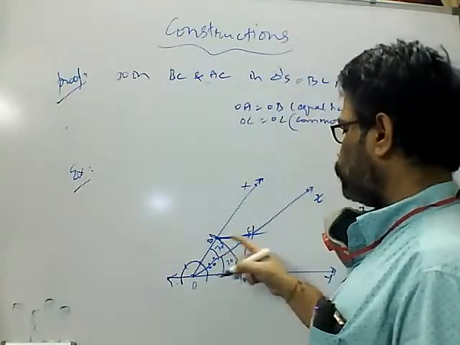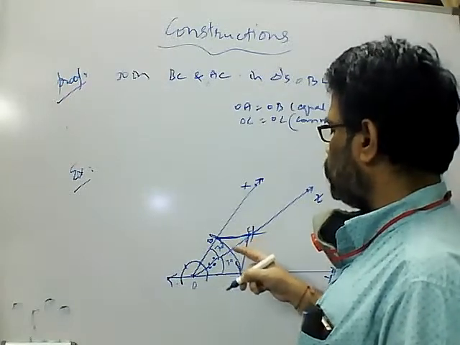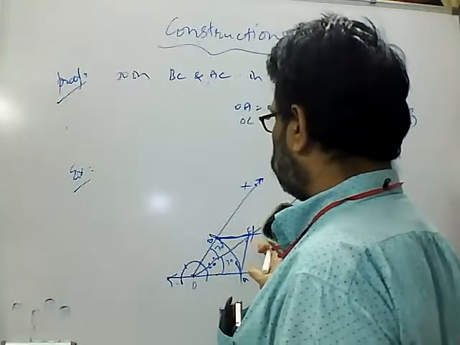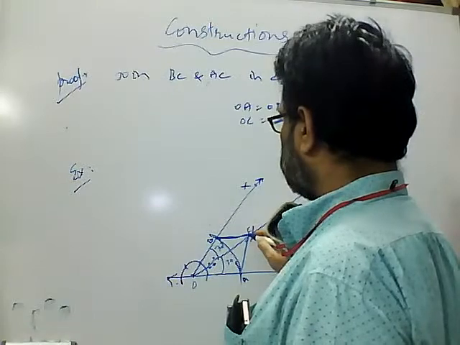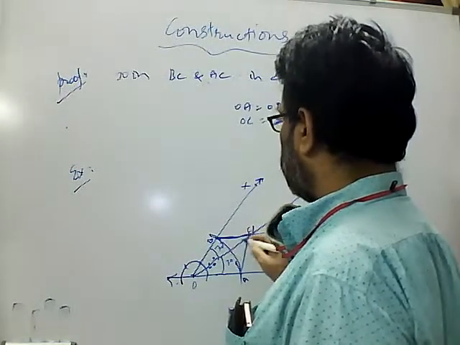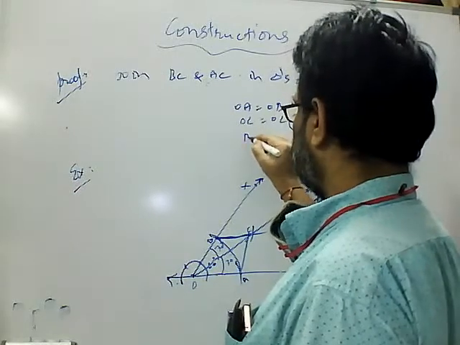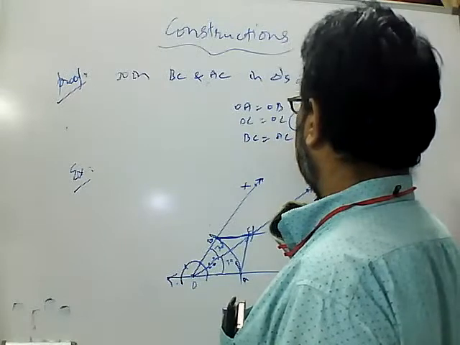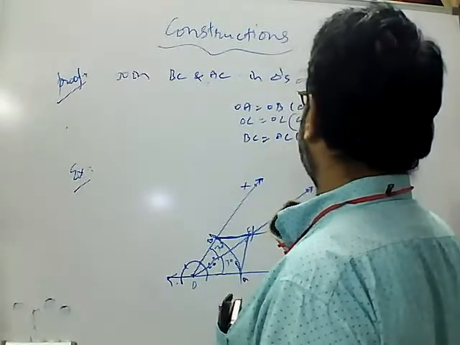Why? Because this is the angle bisector. You can take it, this length is equal to this length, because they are both connected to equal length arcs. So after the construction of the intersection point, they are connected to the same intersection point, and BC is equal to AC. Equal arcs.